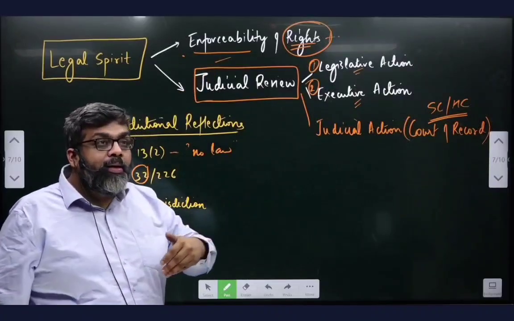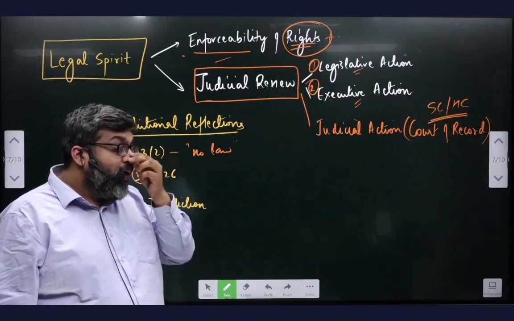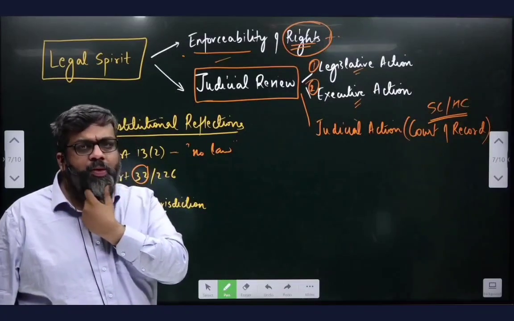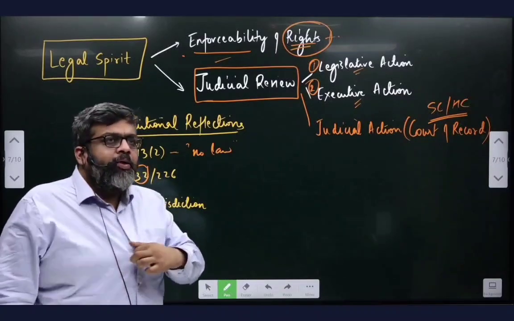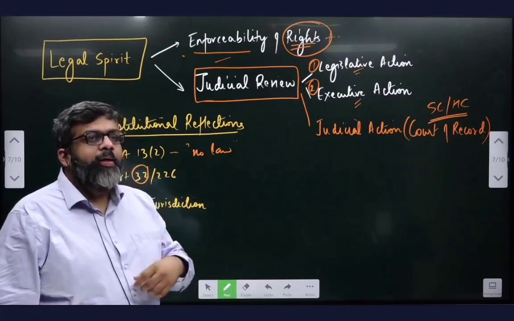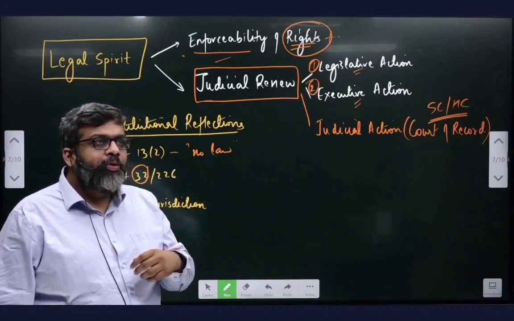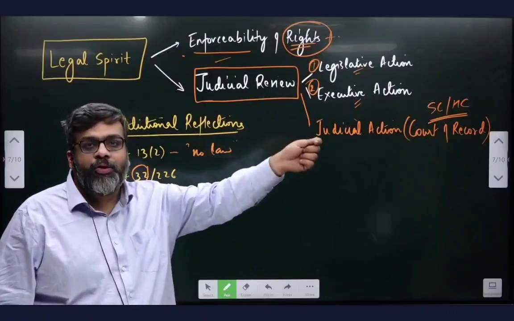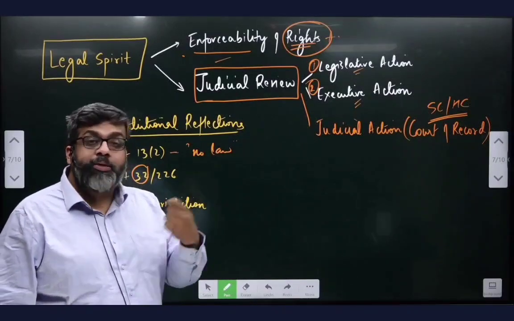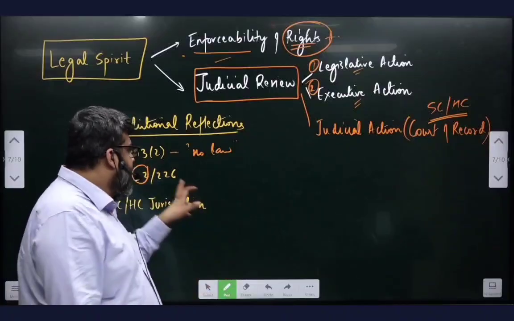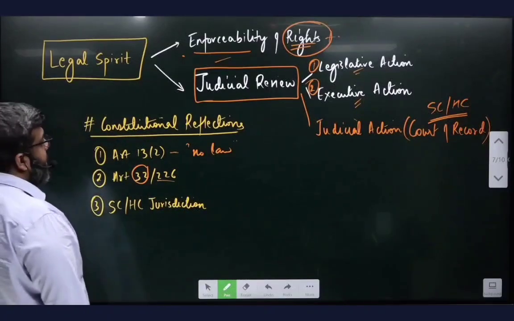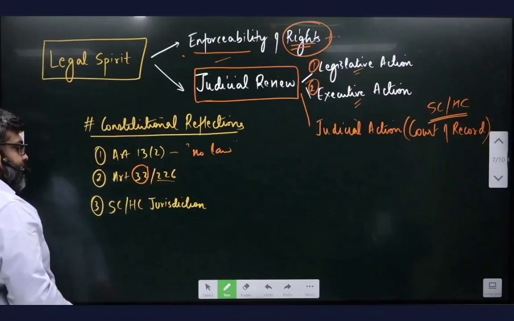If any legal right has been violated, or even if your fundamental right is violated, not only can you go to the Supreme Court in case of a fundamental right, you also have the option and the choice to go to a High Court. In case your constitutional right or a statutory right or a legal right is violated, you can go to the High Court under Article 226, which is again nothing but an enforceability clause.